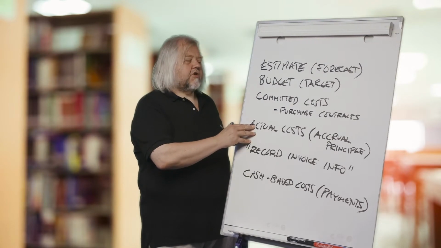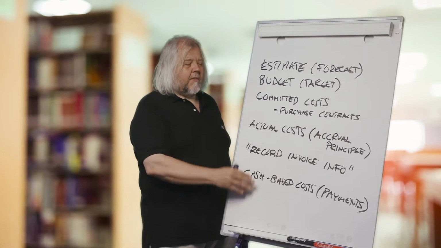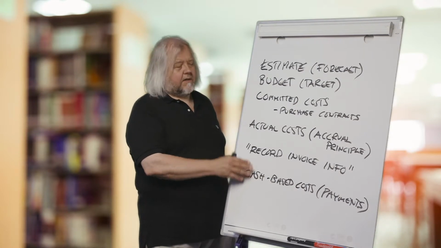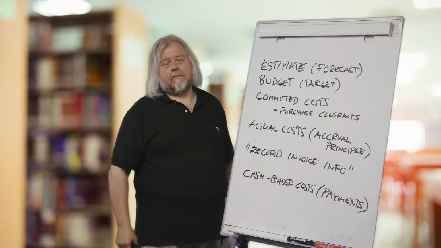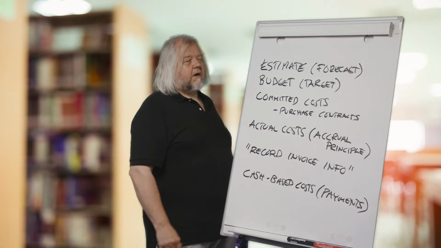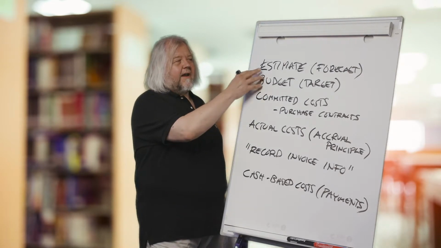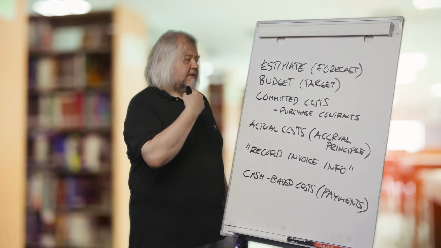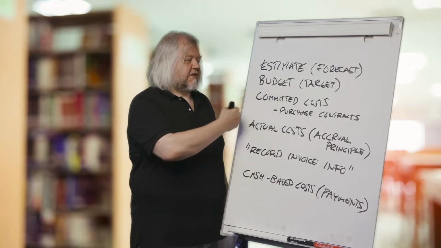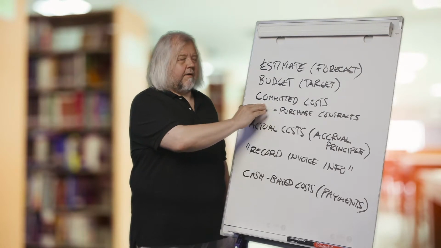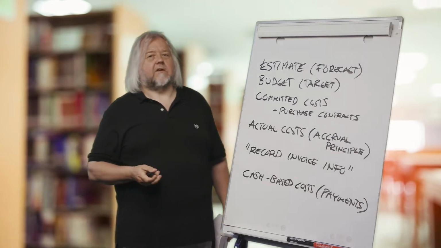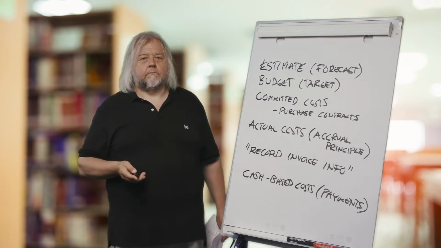And when the actual cost takes place, when the actual payment is done or the invoice is received, it might even take a long time. So it's better to report in advance the forthcoming costs as estimates, comparing to budget at the completion of the project, and also be very knowledgeable about what our committed costs are.